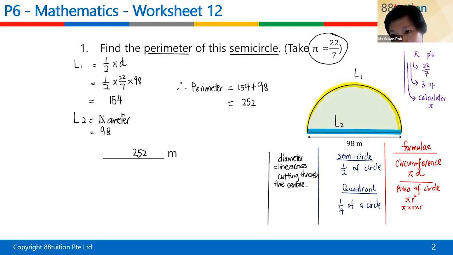Circumference of circle, any idea or you need help? Yeah, you can unmute yourself. Yes, Ming En.